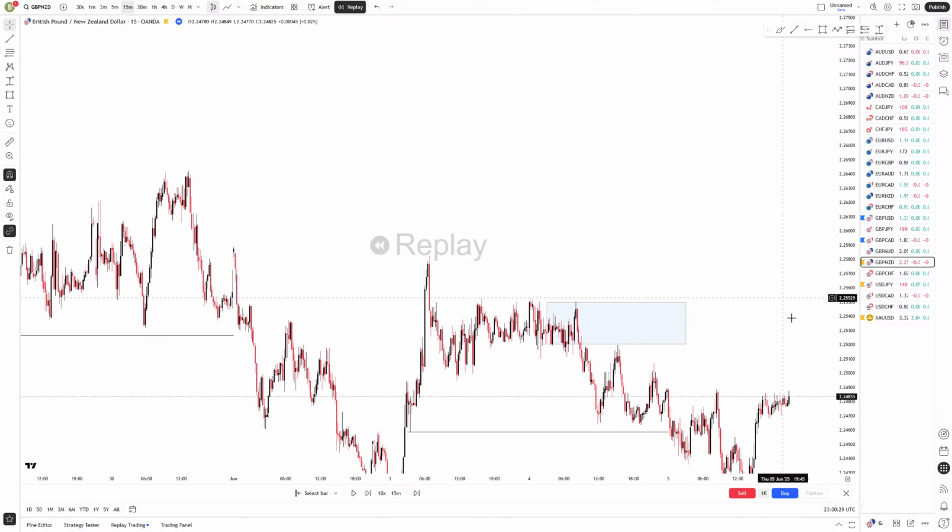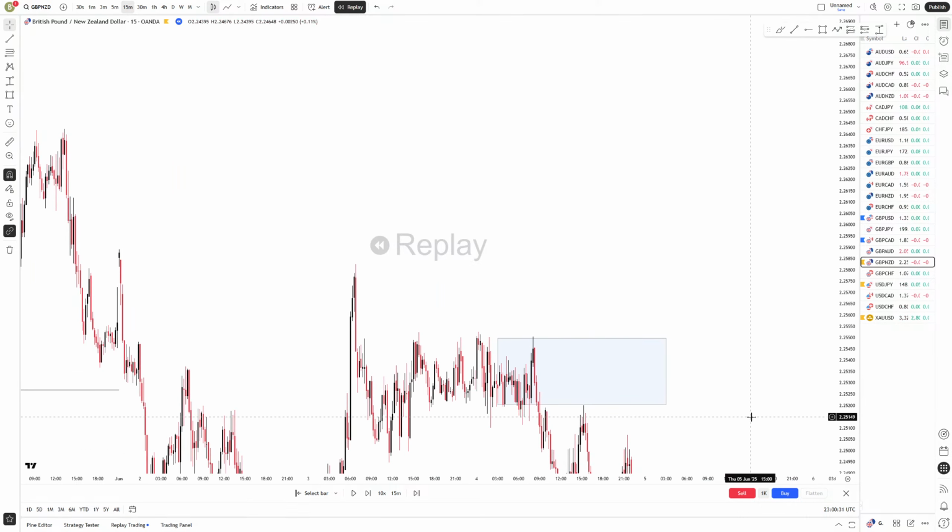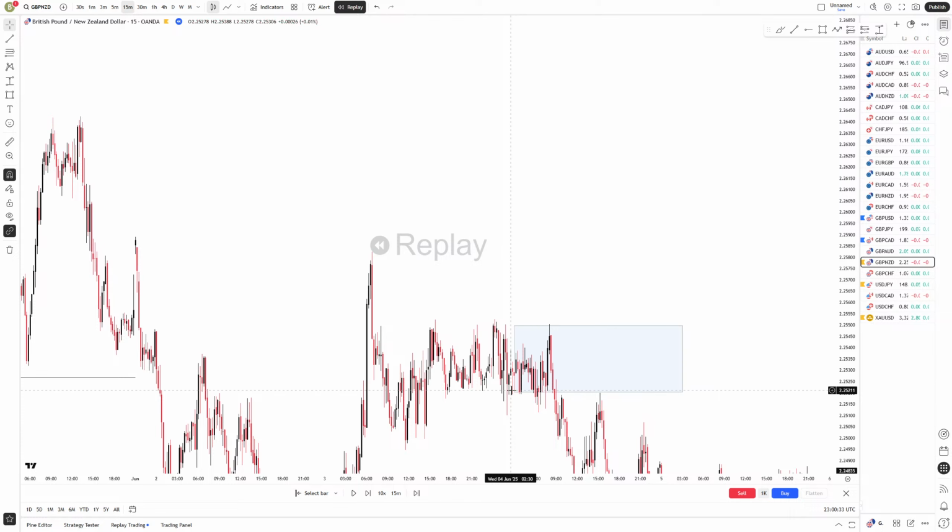We go back to the 15 minutes time frame to see if we can find any other liquidity which is not yet taken. And as we can see, we still have the same structure, and the market has already consumed it.